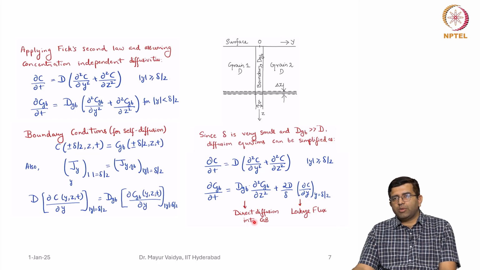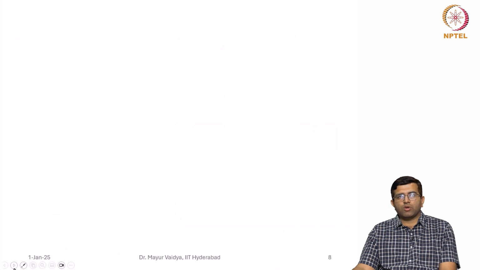So, the first term you can see that it is like your Fick's second law, it represents direct diffusion into grain boundary, whereas the second term is what is known as leakage flux. Now, the question is, how do you still solve it? You have this equation, how do we solve it?